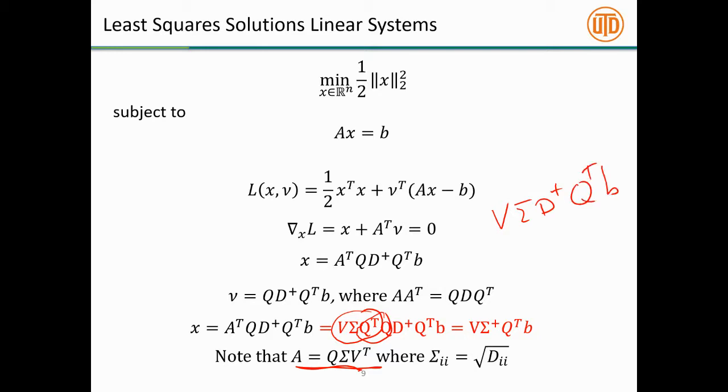Again, sigma and D plus: sigma II is equal to the square root of DII. And D plus II is 0 if DII is equal to 0, and it's 1 over DII otherwise.